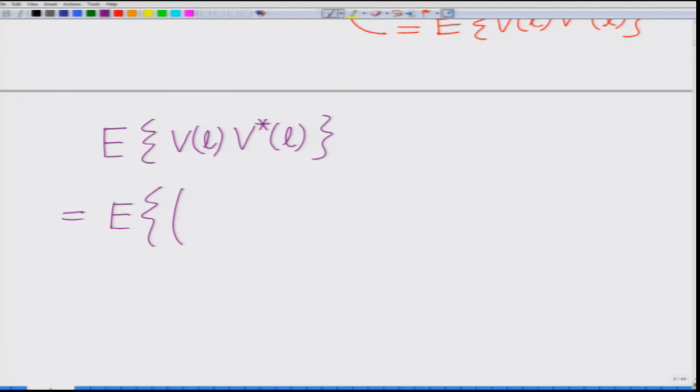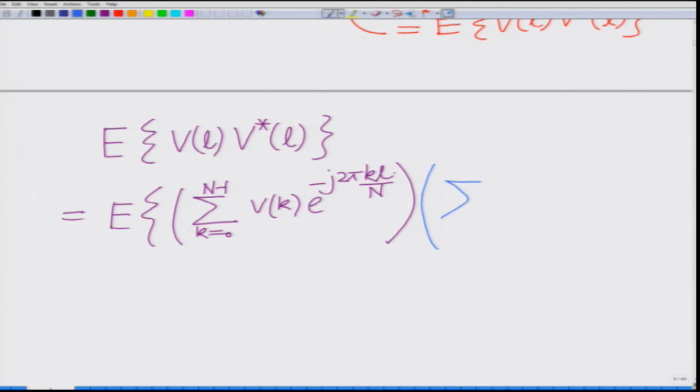We know the expression for VL, summation k equal to 0 to n minus 1 Vk e to the power of minus j 2 pi kL divided by n, into its own conjugate. Now, I am going to write the conjugate with a different index, since k is only an index. So, I am going to use here an index k tilde equal to 0 to n minus 1, Vk tilde e to the power of minus j 2 pi k tilde L divided by n, of course, the conjugate.